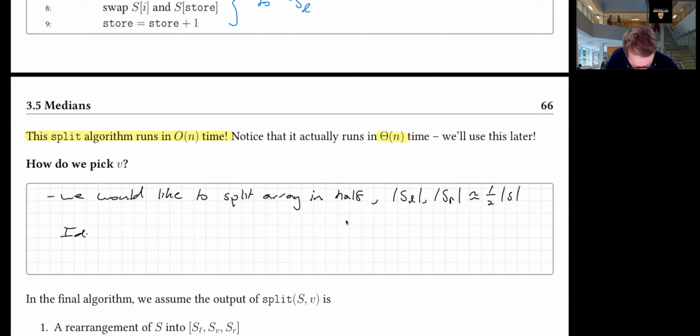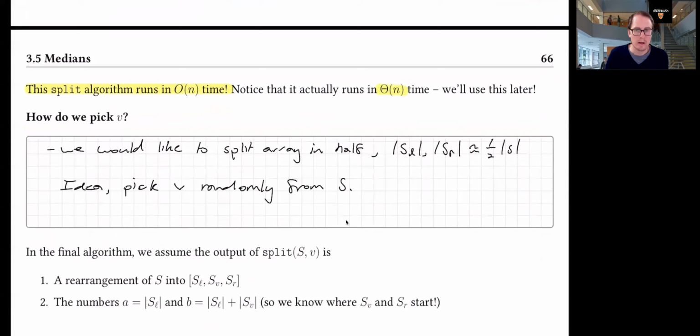I just pick V randomly from S. And just see what happens. And now we'll analyze what happens.